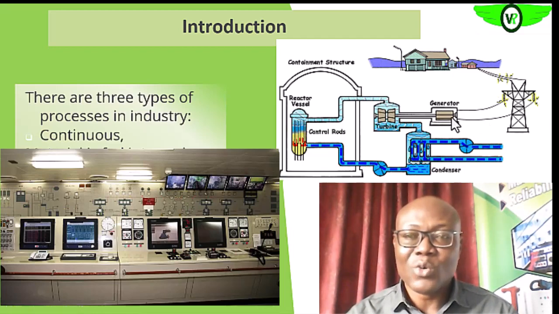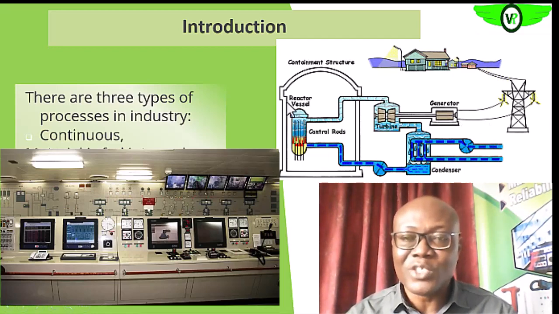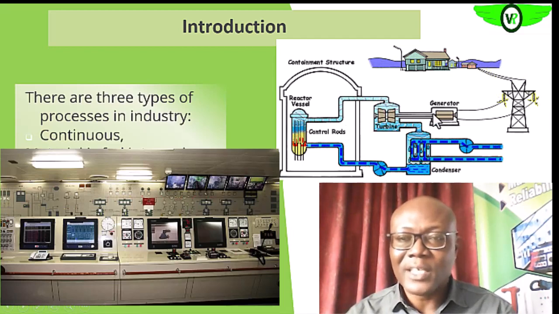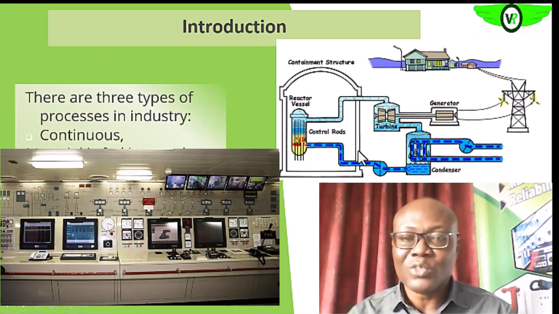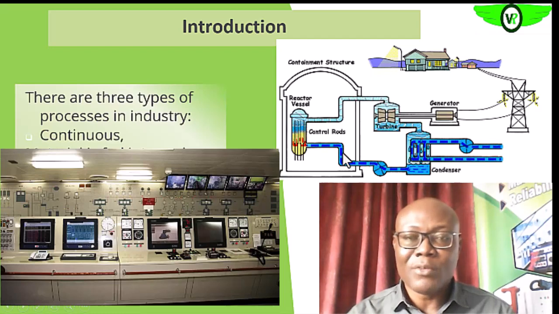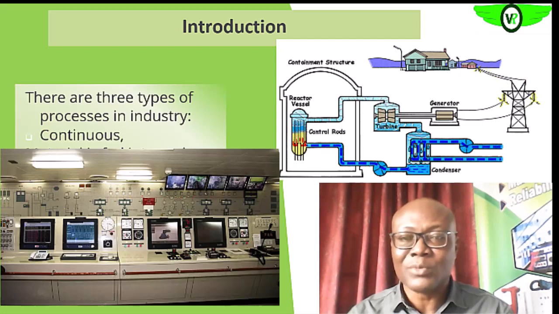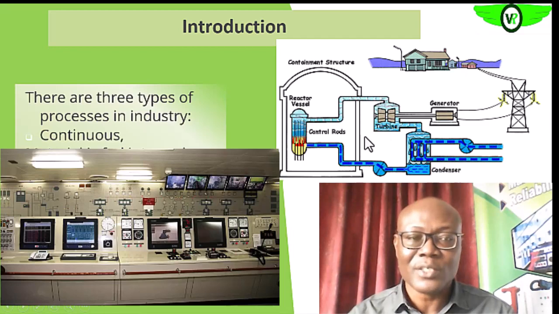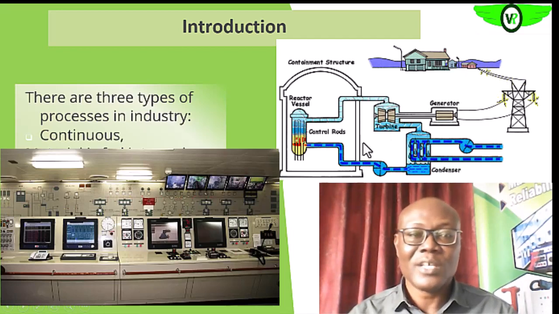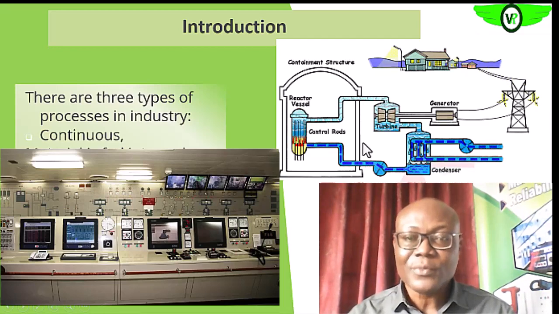This is an example of a continuous process because the various steps are undertaken continually and our output is gotten out of the process continually also. We continually feed in the raw materials needed to produce our desired output, and we continually take out the product of the process. So that is a continuous process.